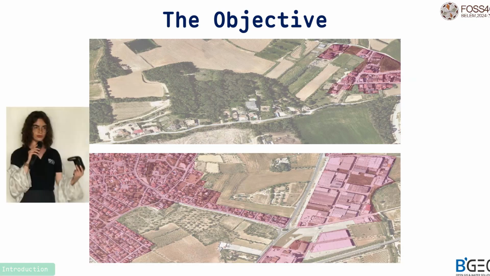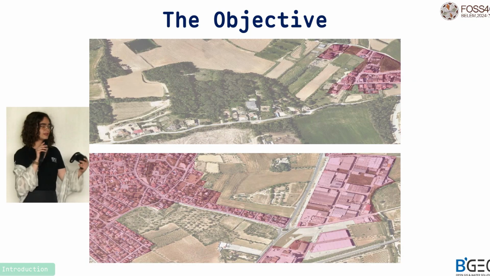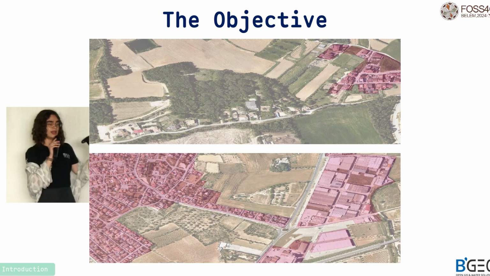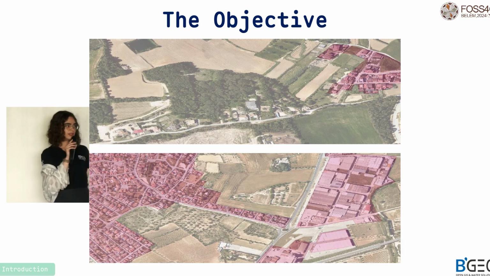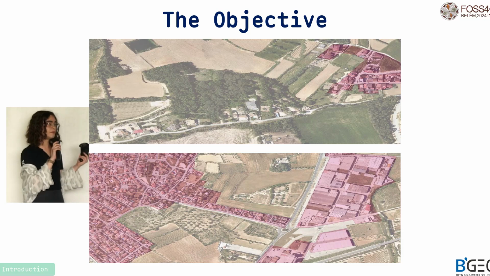So the ICGC, the Cartographical and Geographical Institute of Catalunya, provides a layer that includes this information, but this is an example of that layer. As you can see, it's not very precise. It has many flaws.